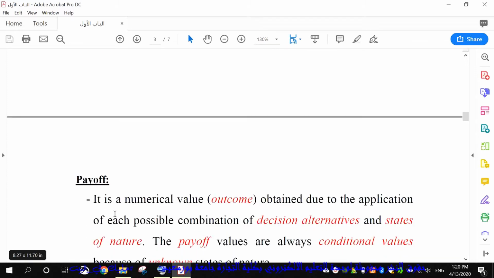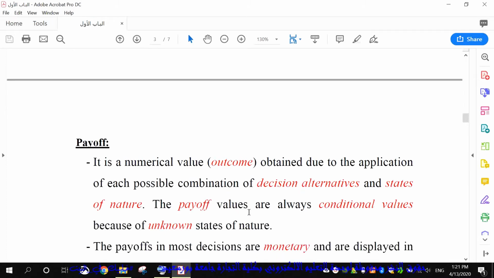The payoff, or the payoff matrix. It is a numerical value or outcome obtained due to the application of each possible combination of decision alternatives and states of nature. The payoff values are always conditional values because of unknown states of nature.